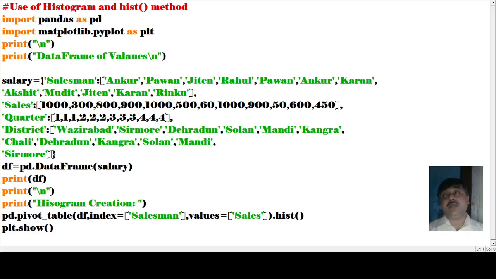Then the district has been given. Now this whole dictionary has to be converted into a data frame. How do we convert the dictionary into a data frame? We write df equals pd.DataFrame, and give the salary here.